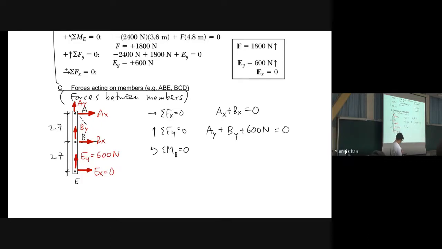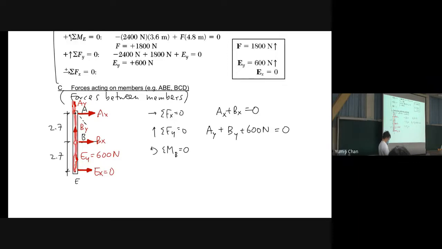And for moments about point B, because Ey and Ay go through point B, the moment arm is equal to 0.